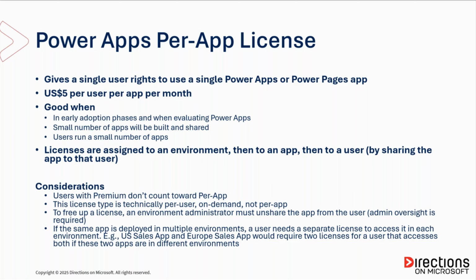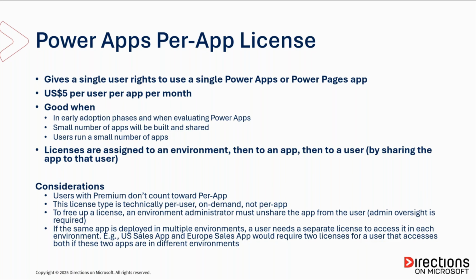And last, there's this caveat to consider: if the same app is deployed to multiple environments, for example, to make a version of the app for each geographical region, you're going to need a separate license to run the app in each environment. Because remember, you assign a per app license to an environment, and then it's not usable by any other environment except that one.